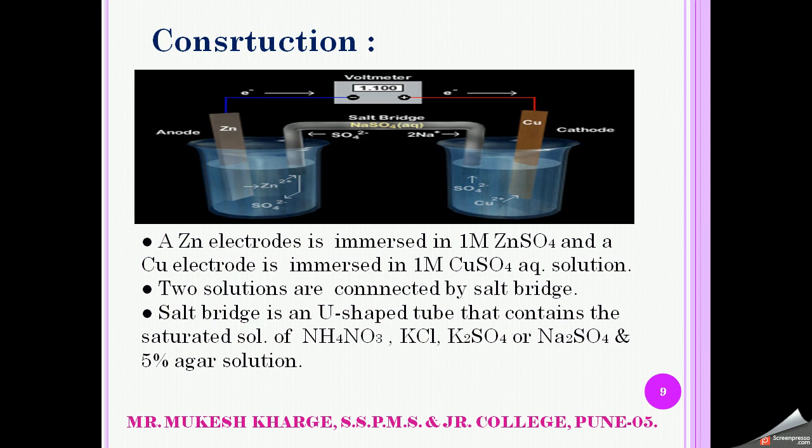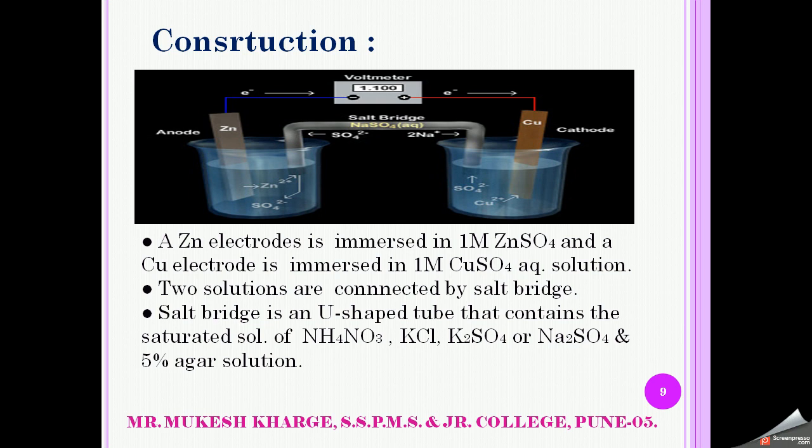Then what is the function of this salt bridge? The salt bridge serves three different functions. First, it provides electrical contact between the two solutions, and here they complete the electrical circuit. Then it prevents the mixing of the two solutions. We keep two different solutions in two different beakers and they are connected through this salt bridge, so the salt bridge avoids the mixing.